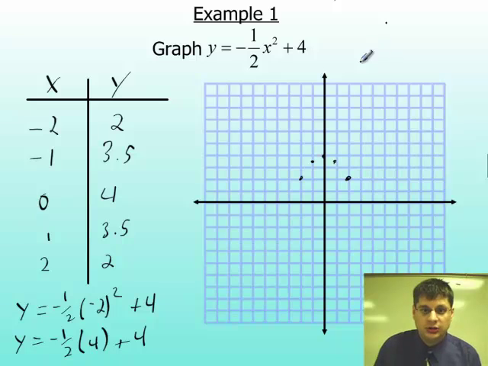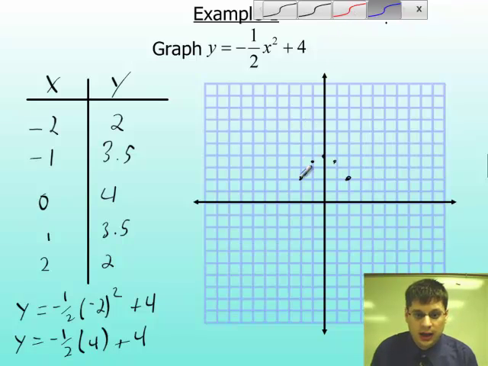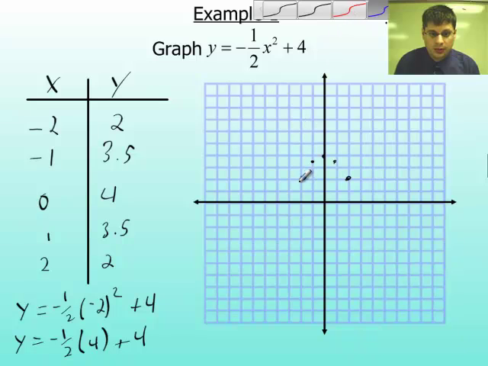Okay. So now that I have those, I can go ahead and draw my parabola. It's going to be a bit challenging for me on this. Make sure you extend your parabola the length of the graph.